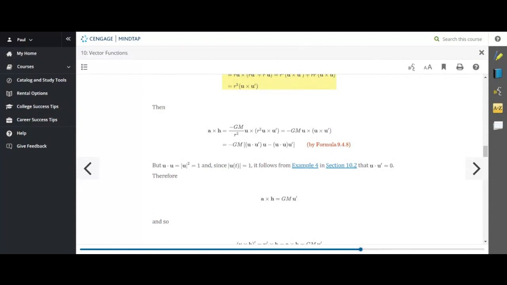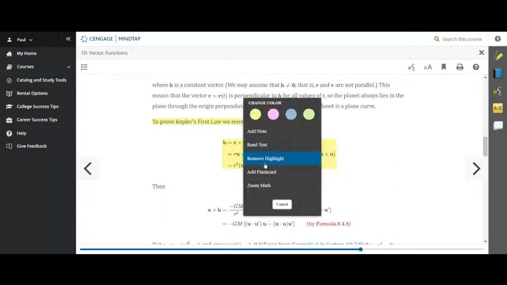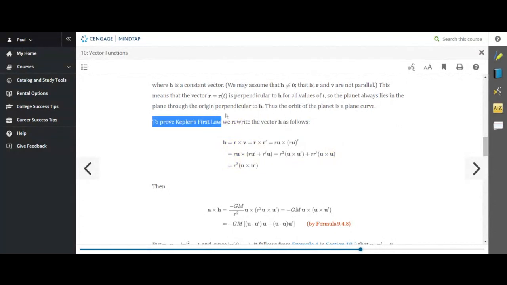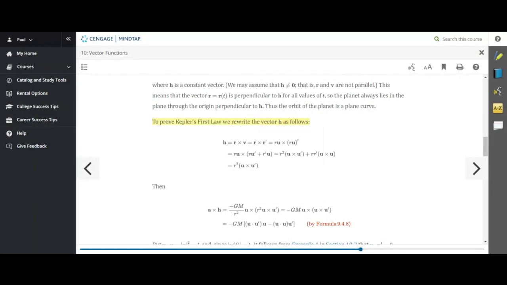It might be worth looking at. There's more to the proof; I just highlighted a little bit. Let me remove the highlight. Yeah, to prove Kepler's first law, and then they go through a proof there.